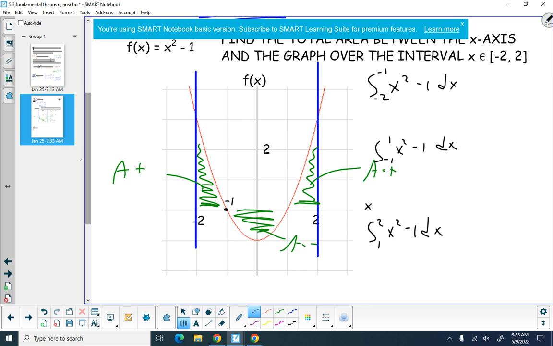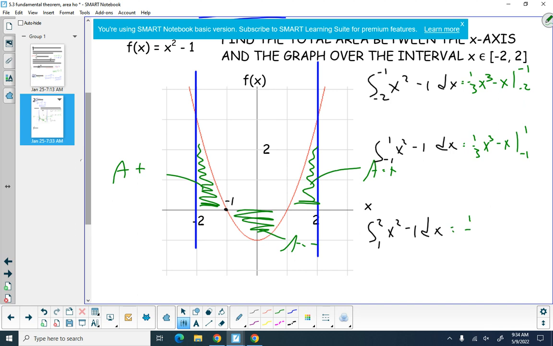So we have 3 different integrals that we have to take the antiderivative of. Well, the antiderivative in each one of these is going to be the same. We have 1/3 x cubed minus x from -2 to -1. 1/3 x cubed minus x from -1 to 1.